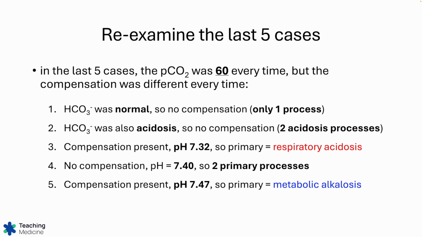So the opposite of example number 3, because the pH was in the alkalemia range. So in every case here, we had a PCO2 of 60, and we've demonstrated 5 different examples of compensation present or absent. And this is the reason why people get confused with compensation, because you always have to analyze in a very specific sequence, and you have to be very thoughtful about the decisions and conclusions that you're drawing.